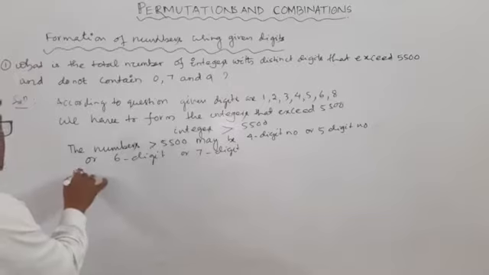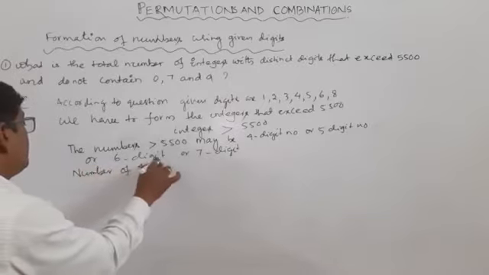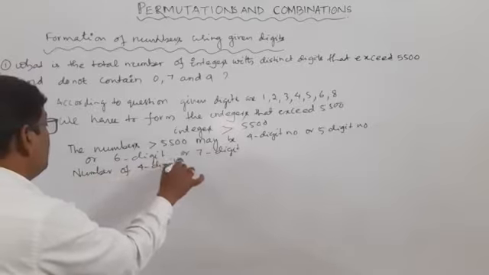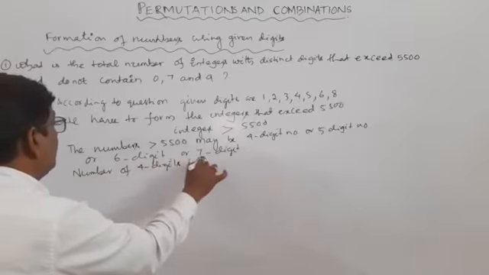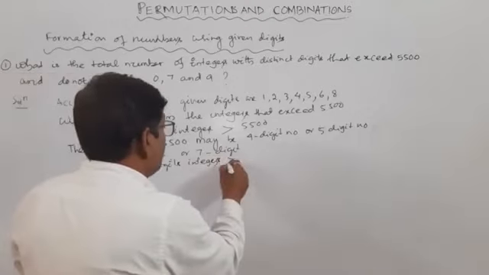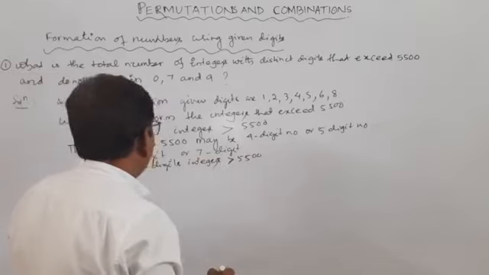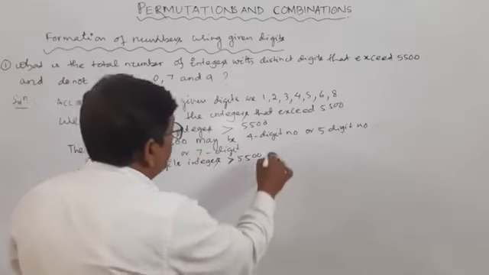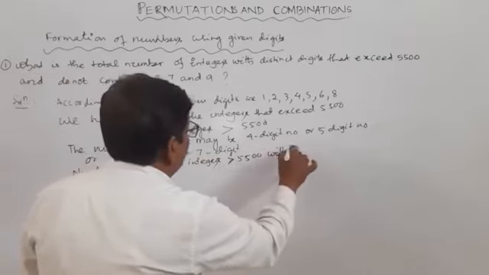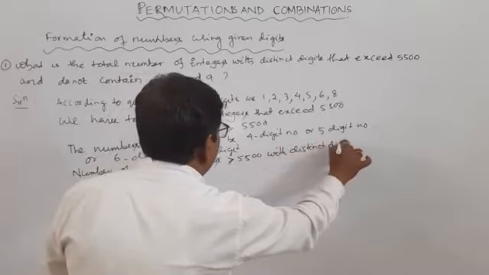Now the number of 4 digit integers greater than 5500 with distinct digits.